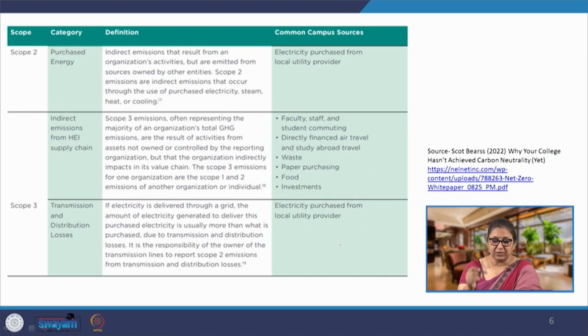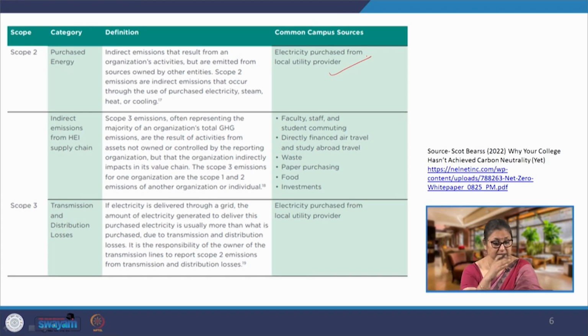Looking at scope 2, it is the electricity purchased from local utility power, and where it is going, we will see through one of the examples. But largely it is going into the buildings, because campuses have predominantly buildings as the major consumers of electricity, plus some process emissions, where we may have, say, small blast furnaces in the metallurgy department, chemical laboratories in the chemistry department, where emissions from chemical reactions take place, or other kinds of equipment, like fire testing equipment in civil engineering.